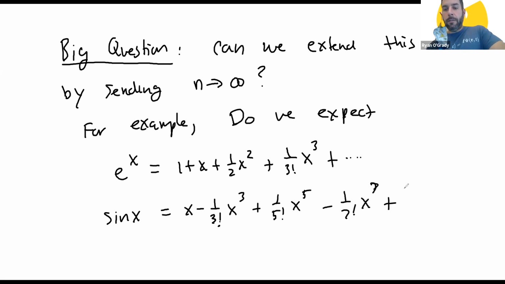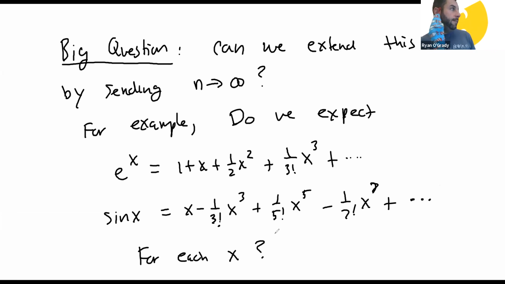Do we expect that we can somehow do this? Do we expect this to be true for each x? And so that's kind of the next question we want to answer.